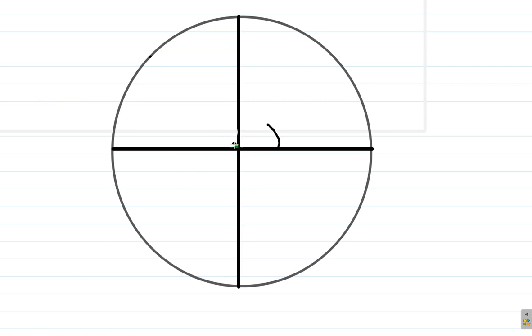So, this 135 degrees, what would it look like? If you swing backwards, you have 45, 90. 90 plus something gives you 135. 90 plus 45 more. So this is 135 degrees.